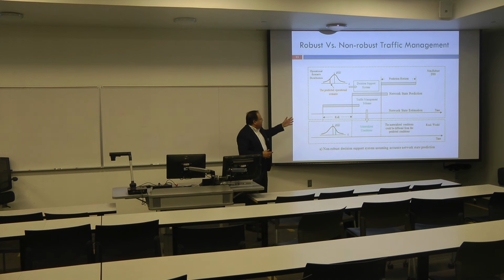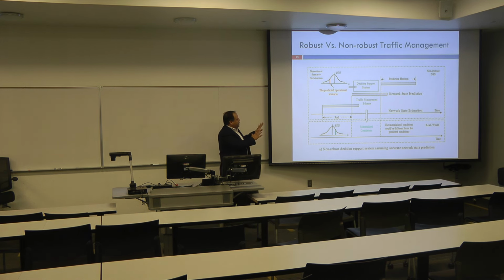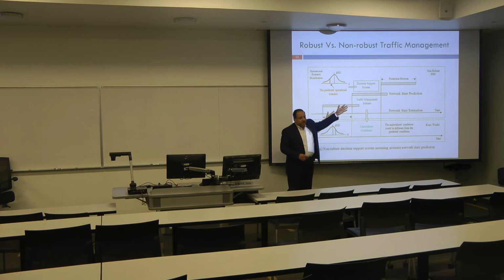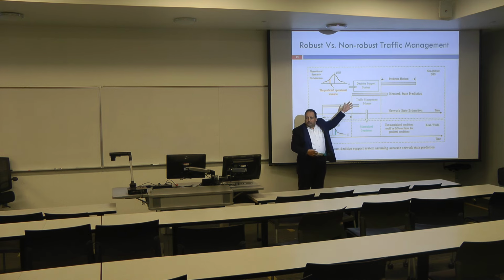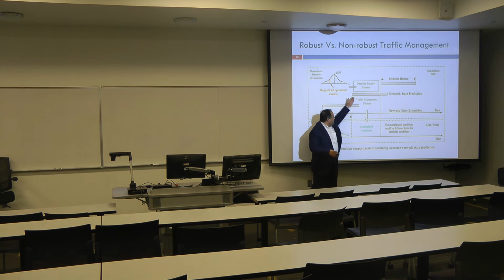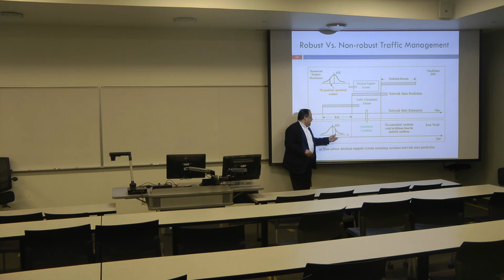So let's look at this scenario here. We have a paper published exactly in that area, where we were doing something like that. We say, okay, I want to do a prediction, so I do a prediction. But at that point, we didn't think that this prediction comes from a distribution. So we were assuming this is the perfect prediction, our best guess, right? And then we deploy it in the real world. But it could be a case like this, right?